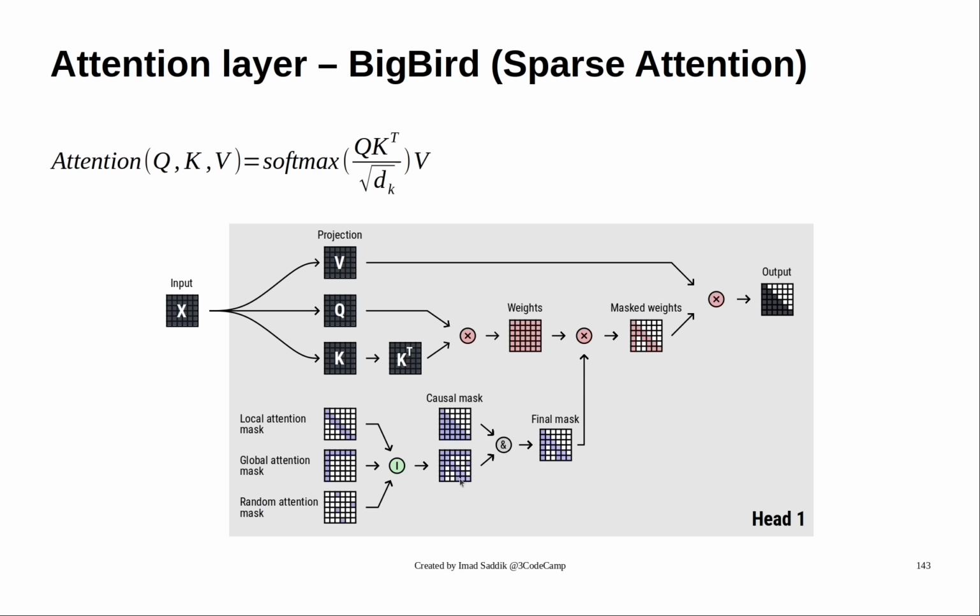If you have true and true, that gives you true. If you have true and false, that gives you false. By using this operator, we get this final mask. And now we take the final mask, we multiply it with the weights matrix. That gives us the masked tensor that we can then multiply with V in order to get the attention weights.